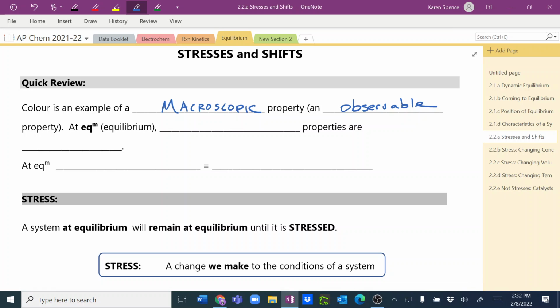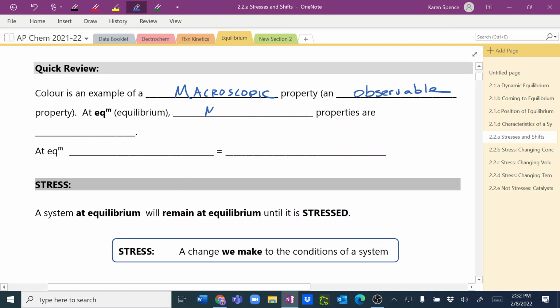At equilibrium, macroscopic properties are constant. At equilibrium, what is equal? Forward rate is equal to the reverse rate.